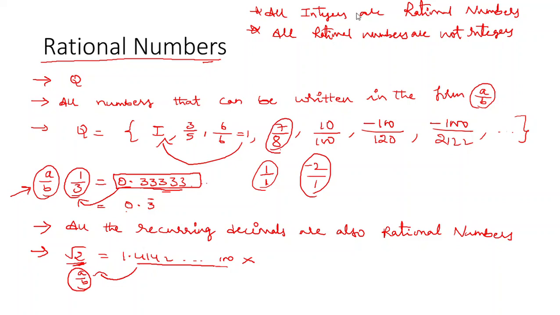We only contain numbers that are positive, negative, or 0. We don't contain fractions in the integer set, whereas the rational number set contains fractions. So all rational numbers are not integers. All integers are rational numbers, and the integer set is a subset of the rational number set.